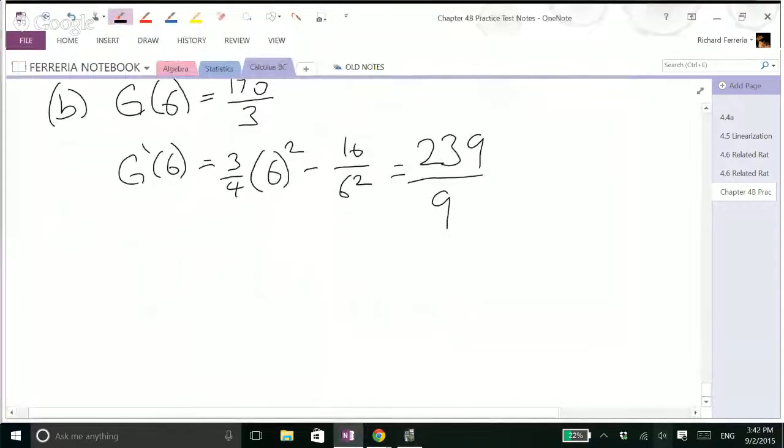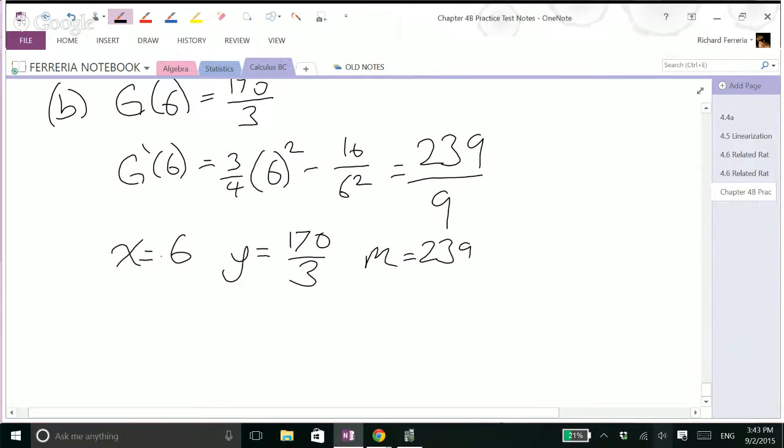Okay, so we have everything we need to make our tangent line. We have an x-coordinate, which is 6. We have a y-coordinate, which was, is that 170 or 190? 170 over 3. We have a slope, which is 239 over 9.